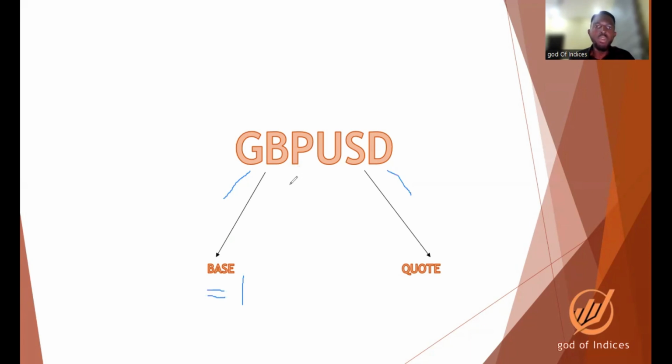So, for example, if you have GBP USD and your quote price is 1.0876, it means that you require 1.0876 United States dollars to buy one Great British pound. Looking at this, it just tells us plainly that the pound is stronger than the dollar.